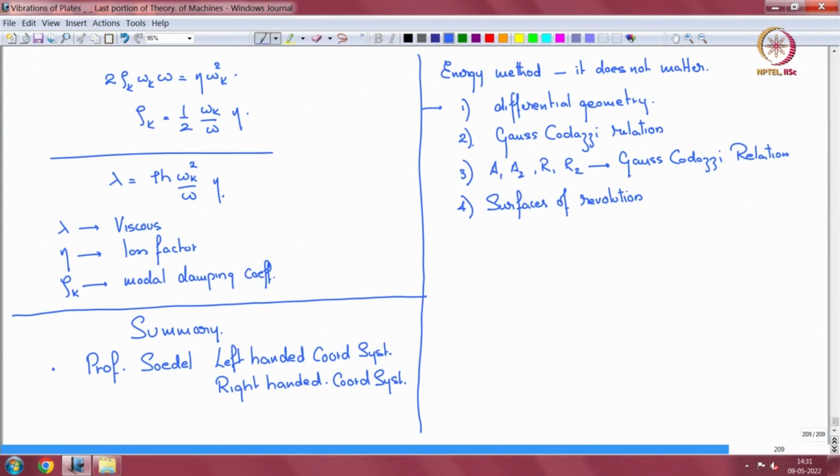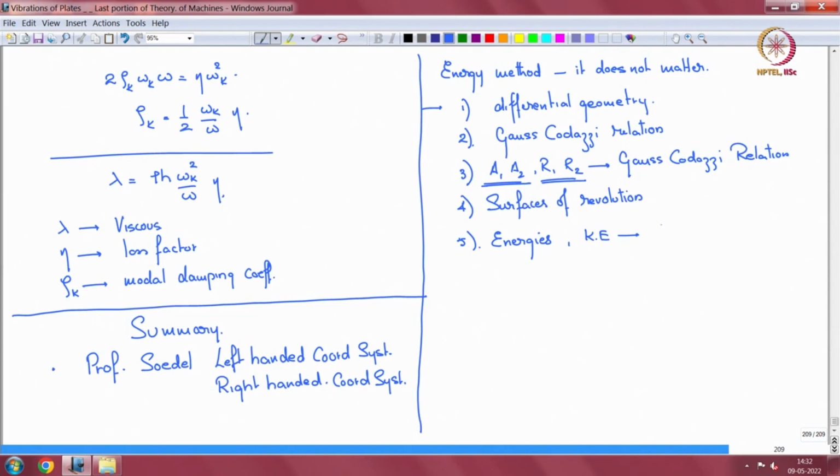Then we formulated the energies, the potential energy and the kinetic energy, in the most general form for any general shell with Lamé parameters A1, A2 and radii of curvature R1, R2.